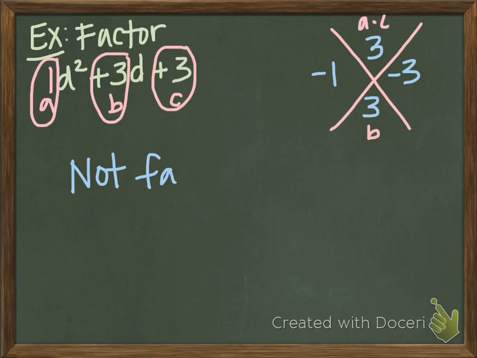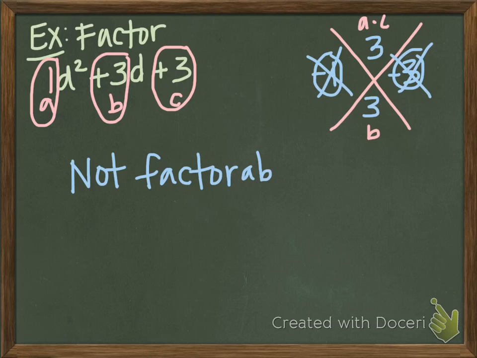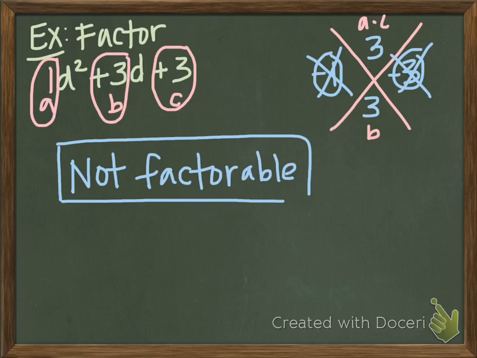So if you're spinning your wheels and you're trying to find numbers for here and here and nothing is working, that could mean that your trinomial is not factorable, and that will happen from time to time. If this is the case, and we'll actually learn about this next week, I would want to use the quadratic formula.